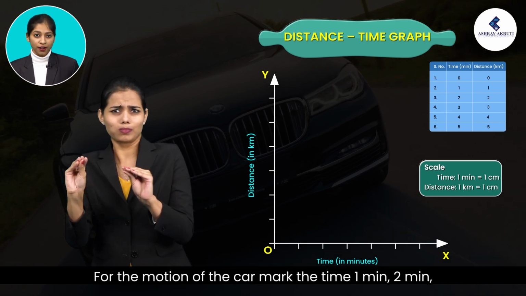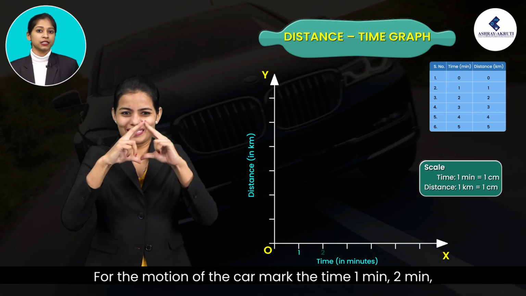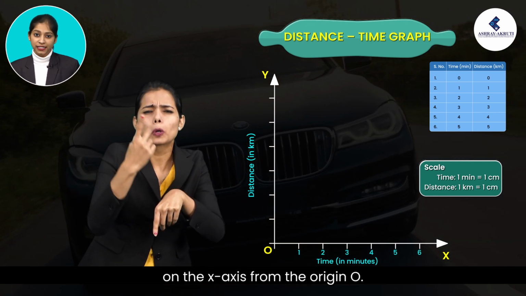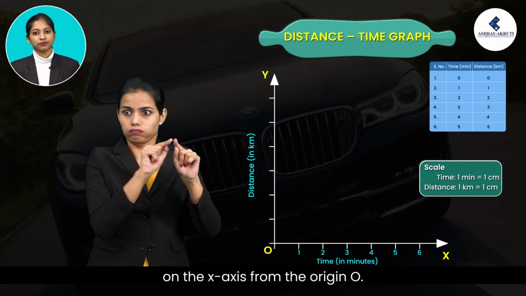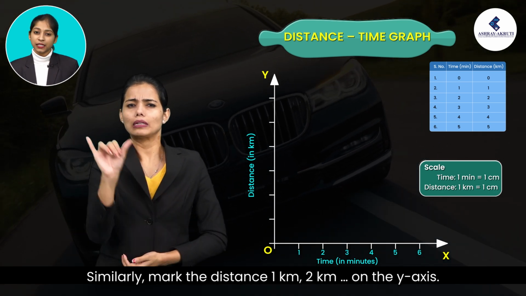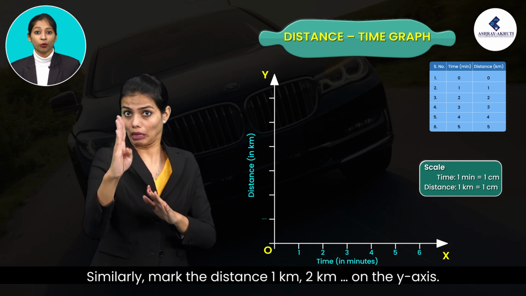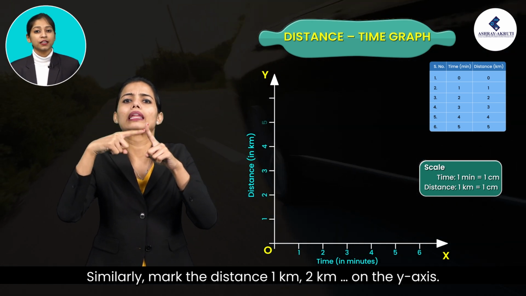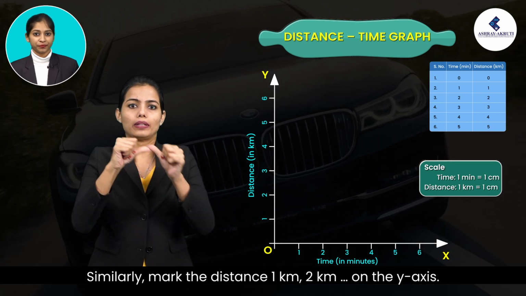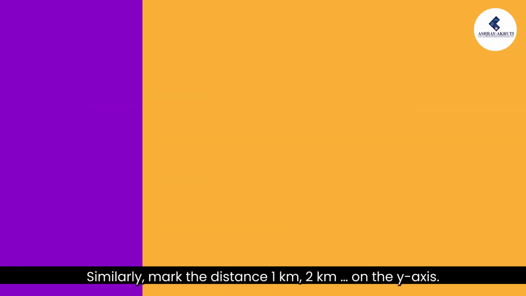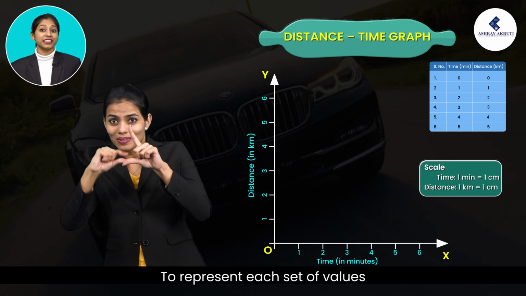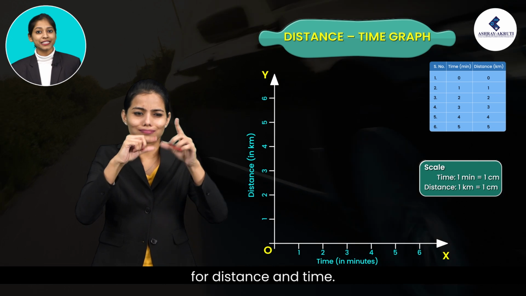For the motion of the car, mark the time 1 minute, 2 minutes, and so on the x-axis from the origin O. Similarly, mark the distance 1 kilometer, 2 kilometers, and so on the y-axis. Now, mark the points on the graph paper to represent each set of values for distance and time.